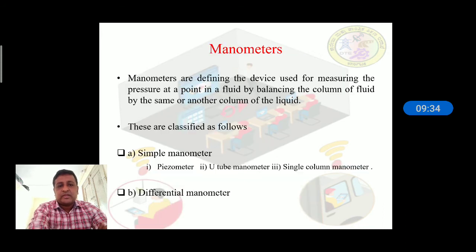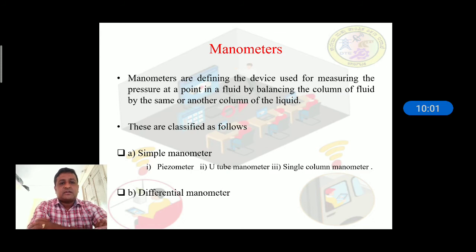Next we move to the topic of the manometer. A manometer is a device used to measure the pressure at a point in a fluid by balancing the column of fluid by the same fluid or by using different fluid columns. Manometers are classified as follows.